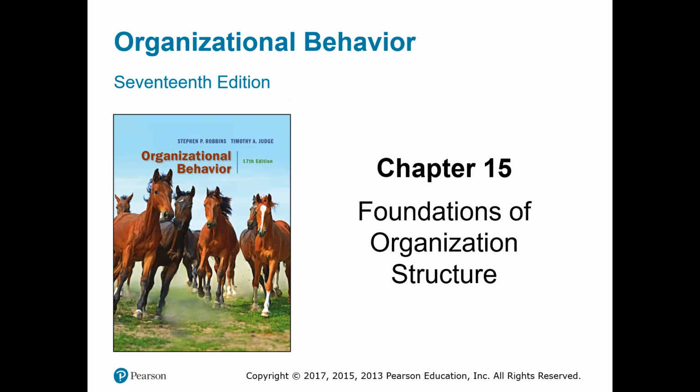So structure has a lot to do with how we organize work and what it means to structure the work in ways that we can actually be effective as an organization. So let's go and discuss that today.